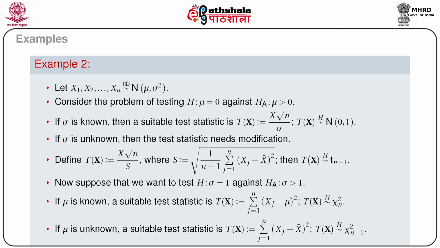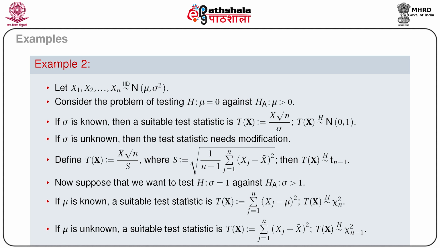Under H naught, T follows the student t distribution with n minus 1 degrees of freedom, and here we also use a right-tailed test. Note that the distribution of Tx remains the same for all values of theta under the null hypothetical set.